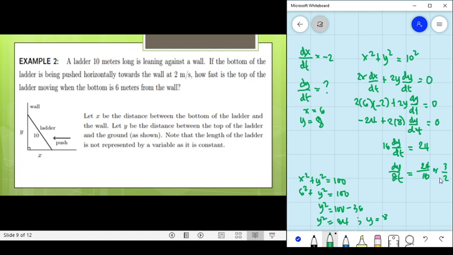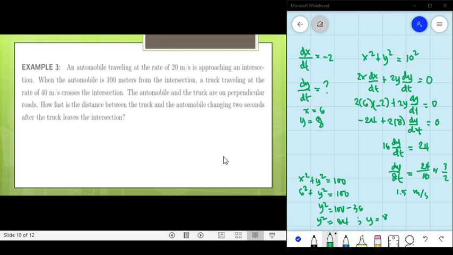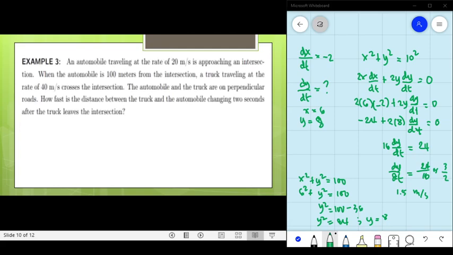Thus, the distance between the top of the ladder and the ground is increasing at a rate of 1.5 meters per second. Okay? So the top is rising, and its rate is 1.5 meters per second. Understood? So let's proceed to example number 3.